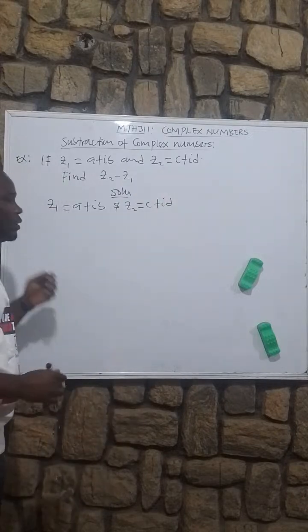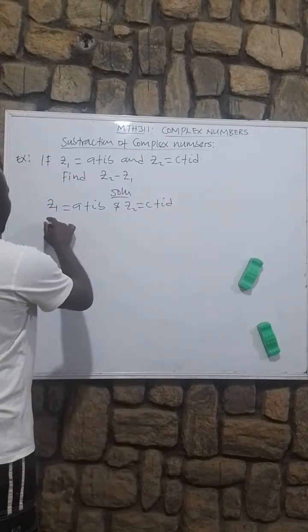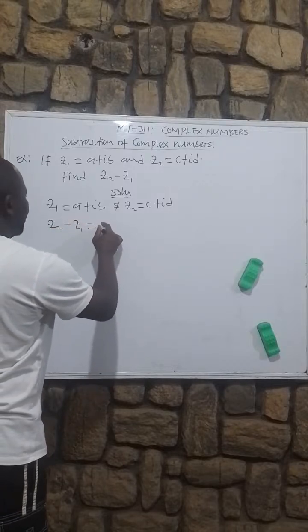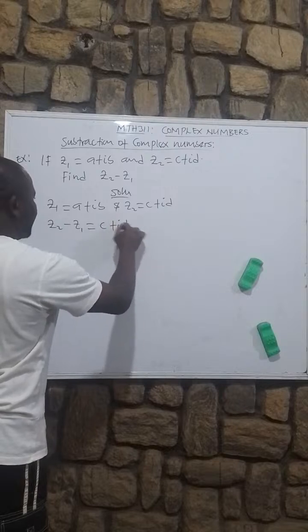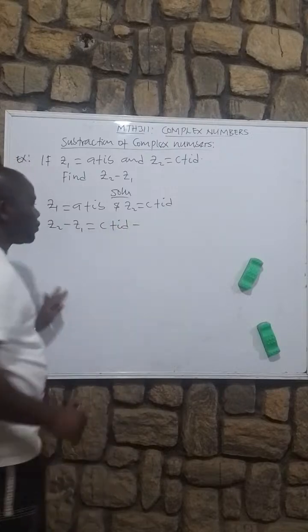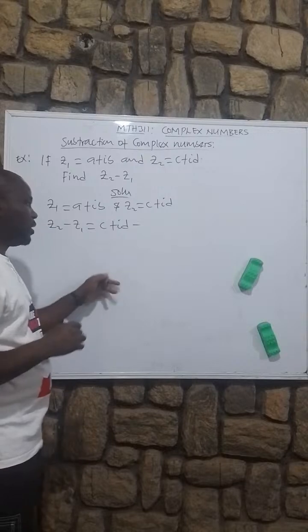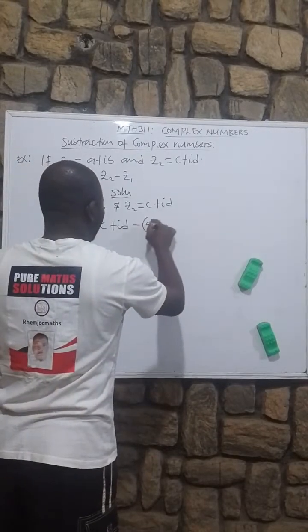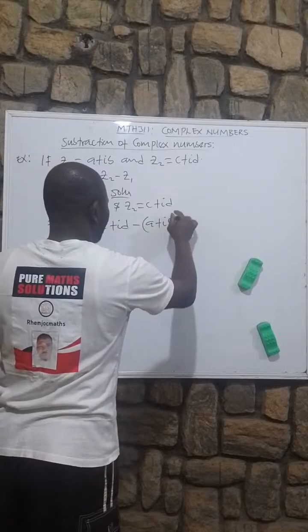So Z2 minus Z1 is equal to C plus ID minus, listen very carefully, minus A plus IB.